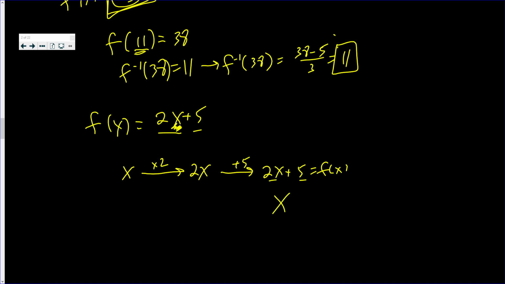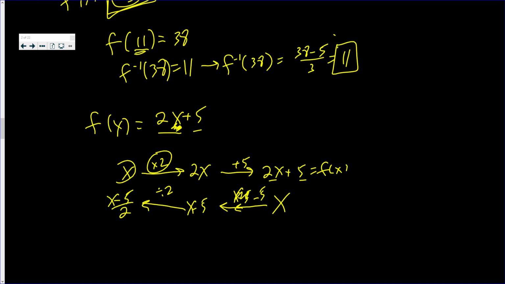Call that X. Now to get back to the beginning, to get back to that number, you take away 5. So now you have X minus 5. And instead of multiplying by 2, you divide by 2, and you get X minus 5 over 2. And this is the inverse function.